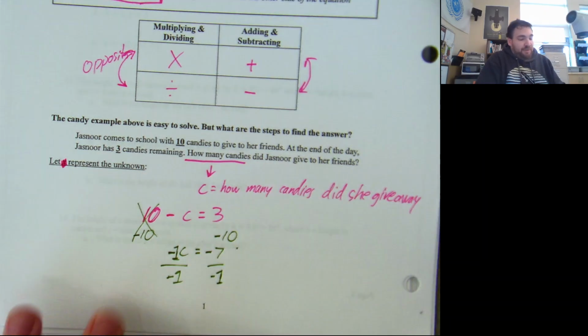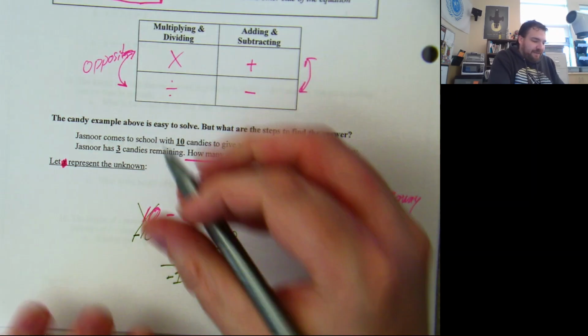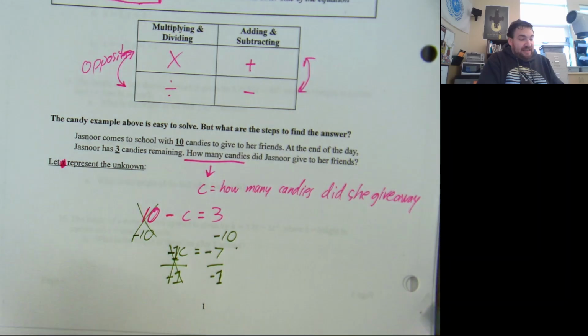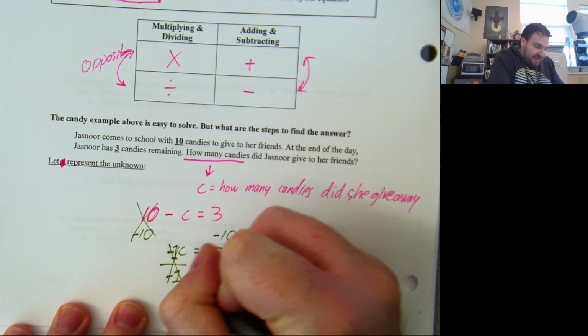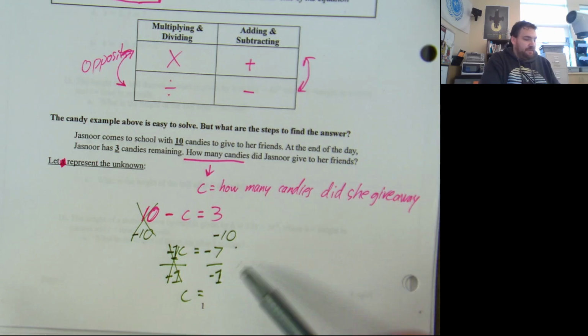Now, Hassan Joe, you're correct. We could have multiplied too, but for the sake of keeping things real clear, I'm going to do it this way. Negative 1 divided by negative 1 is 1. So this is canceling, leaving me with just C. What's negative 7 divided by negative 1? A negative divided by a negative is a positive, and anything divided by 1 is itself.